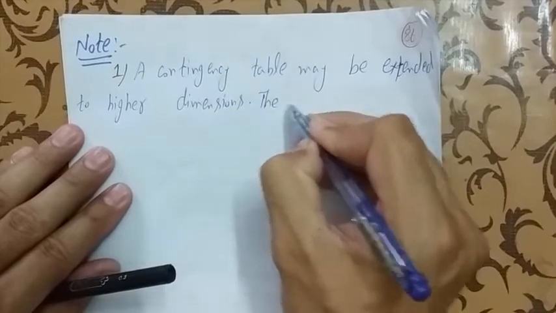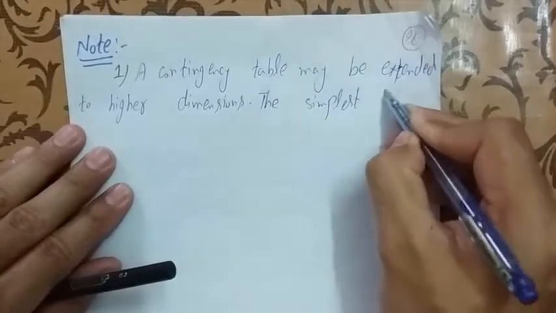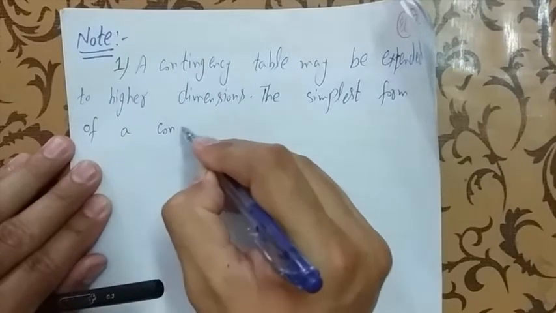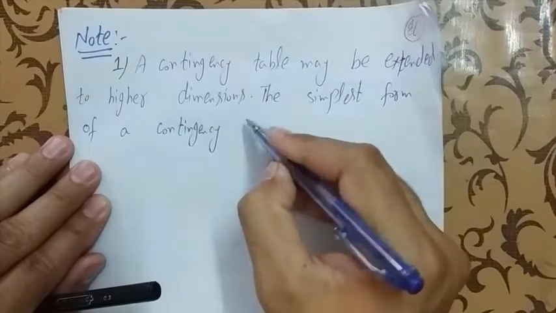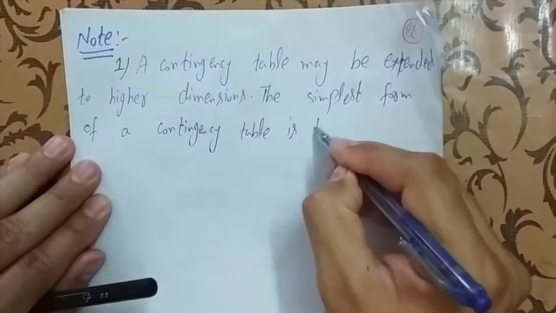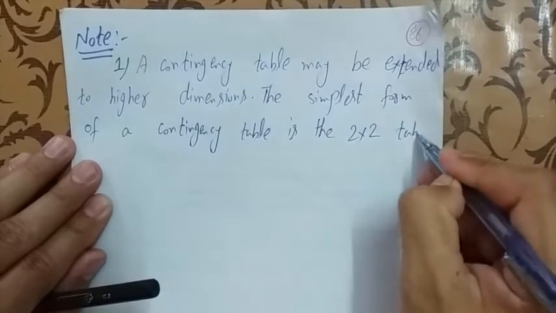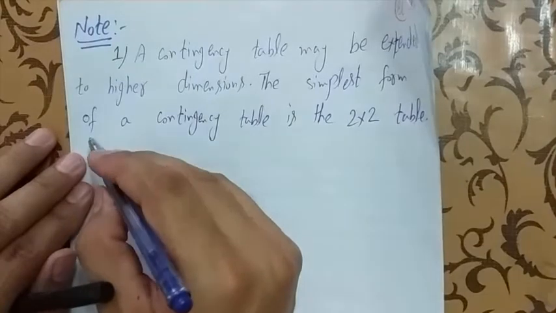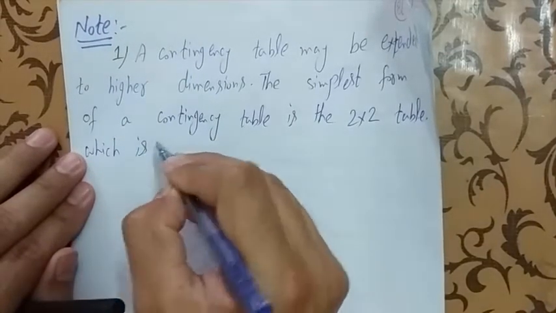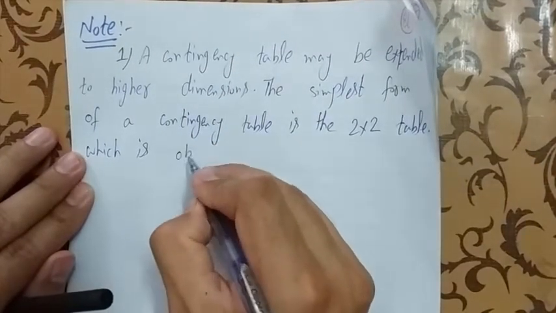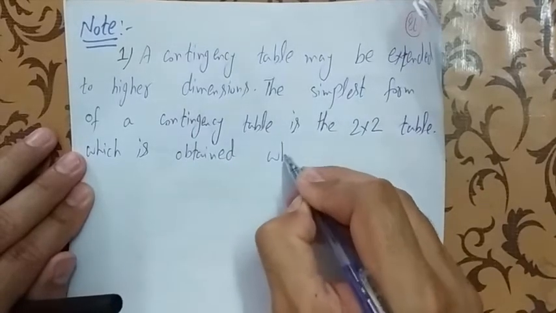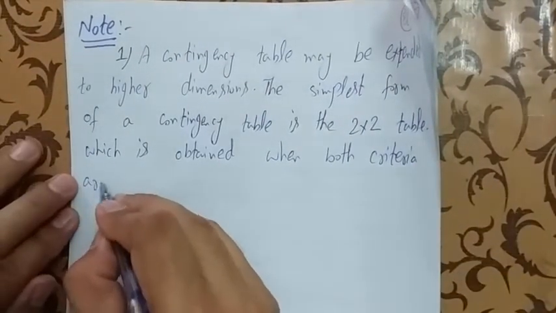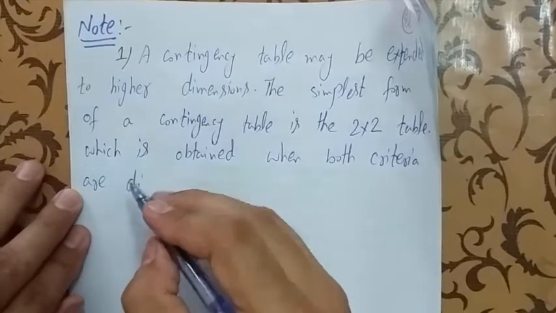The simplest form of a contingency table is the 2 by 2 table, which is obtained when both criteria are dichotomized.